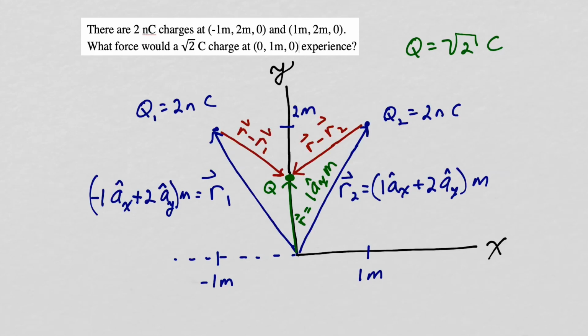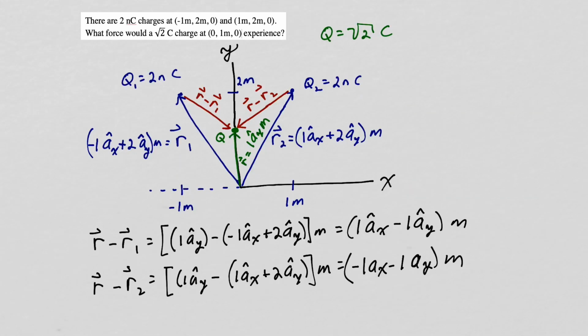We will need the vectors that point from Q1 to Q and Q2 to Q. So the vector pointing from Q1 to Q is R minus R sub 1. The one pointing from Q2 to Q will be R minus R sub 2. Plugging in our expressions for R1, R2, and R, we get this result for the two vectors R minus R1 and R minus R2.